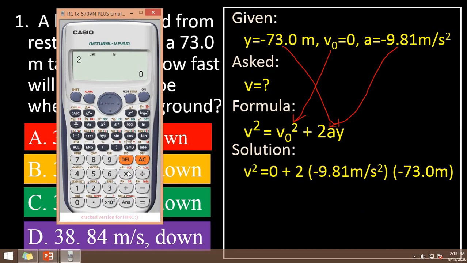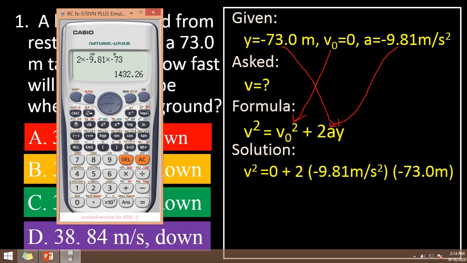2 times negative 9.81 times negative 73. Okay, you don't need to put a point zero. It won't matter. Okay, we have this number, but remember, there's still squared here.